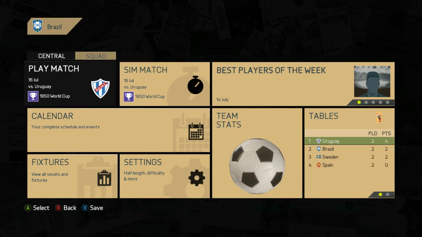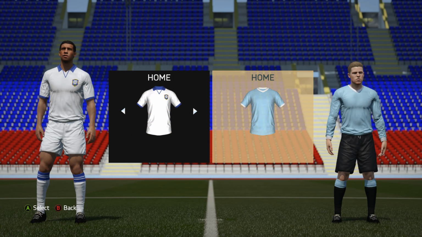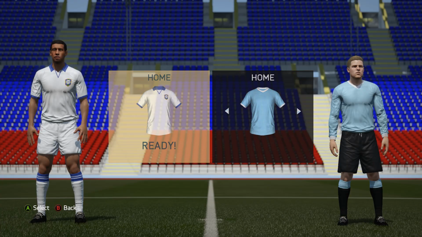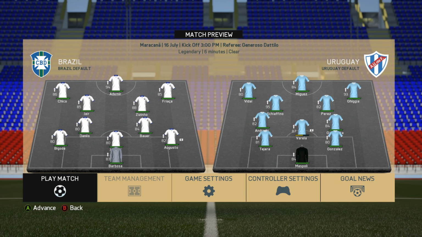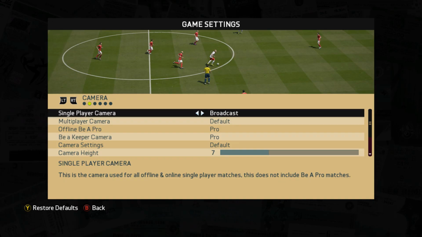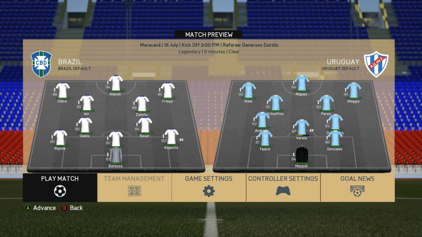So here we go. The next match to be played is the 16th of July. We've got the home. I haven't got a lot of choice there with the kits. It is the 1950s generic ball being played. And filter time.